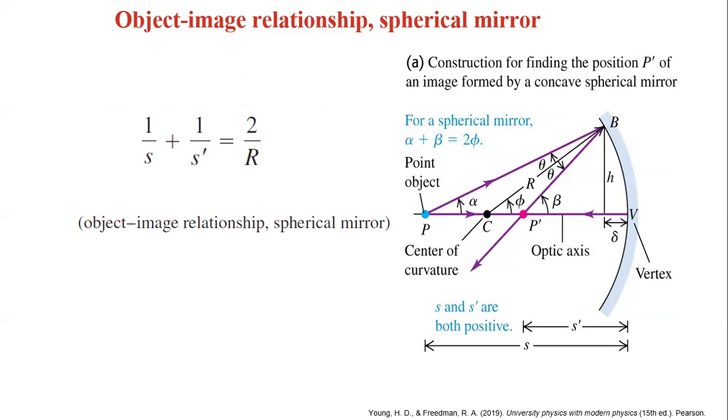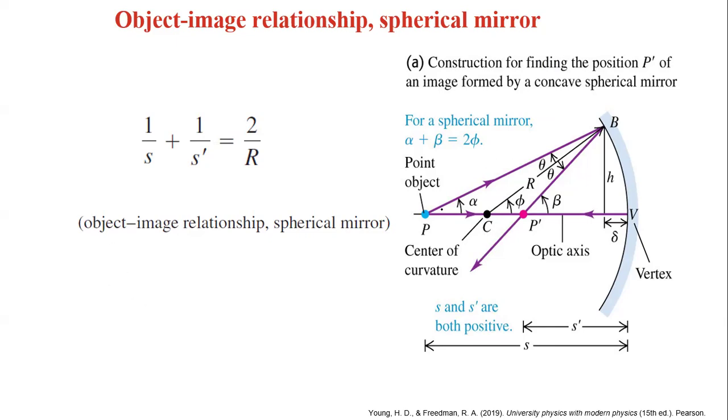In your algebra or trigonometry, we have a theorem that an exterior angle of a triangle equals the sum of the two opposite interior angles.